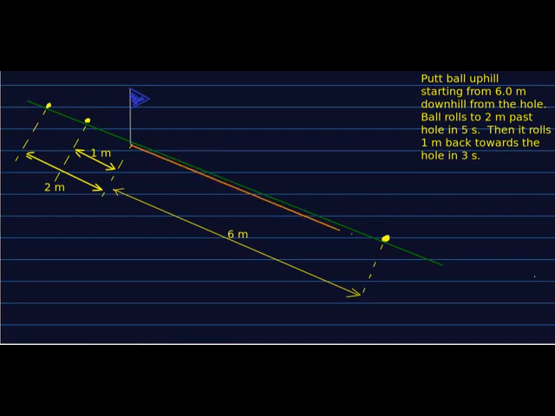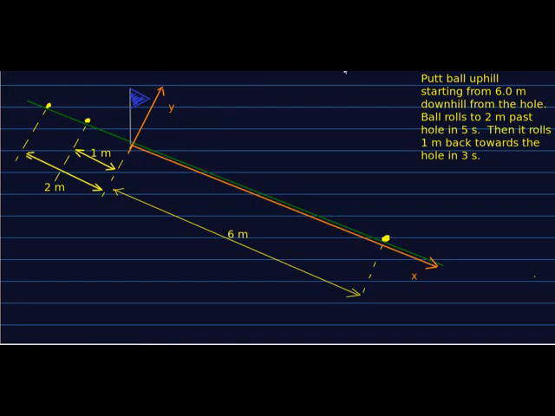I'm going to choose to put my origin at the hole, and I'm going to set the positive direction for x down the hill. Now, we're not going to need a y-axis, but I'm going to put it there so that we see where the origin is. All right, so there's the y-axis, there's the x-axis. So I've just defined down the hill as my positive direction.